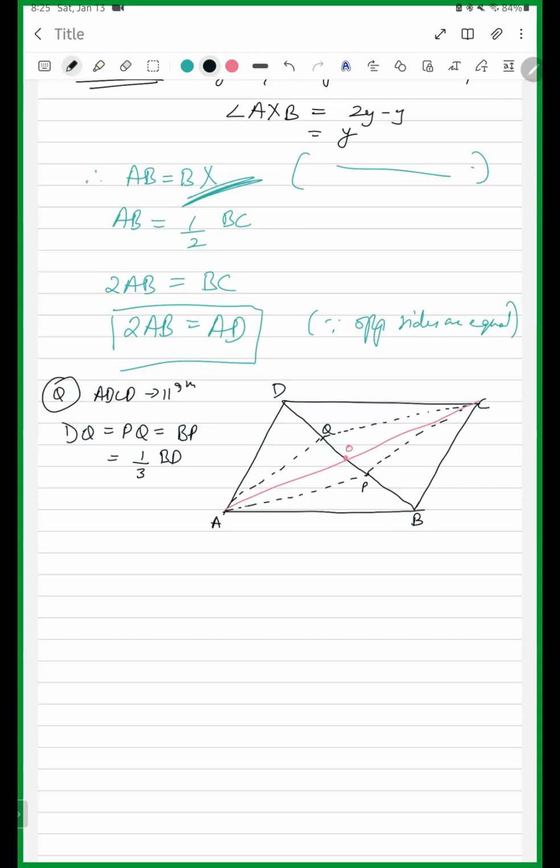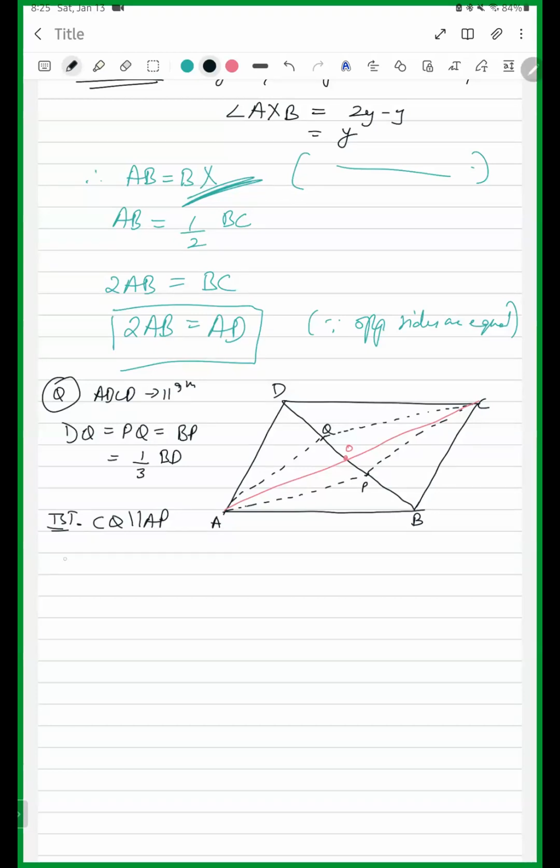What else is given? That's it, right? To show that CQ is parallel to AP. First of all, we'll show this, and then secondly, we'll show the second part later. Right now I don't think we have time for the second one. Let's just do the first part. CQ is parallel to AP.